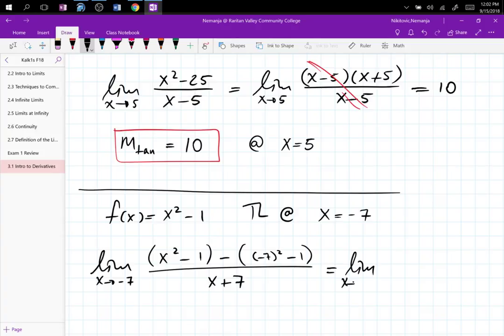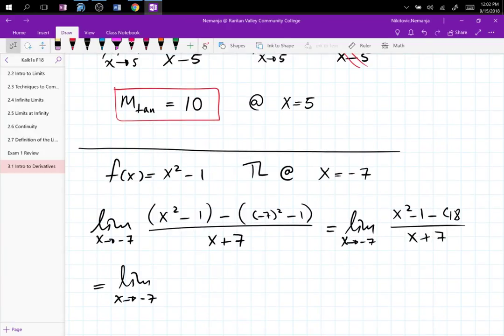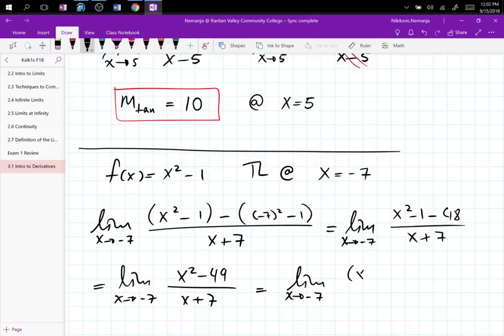So this is limit x goes to negative 7. On the top I have x squared minus 1 minus negative 7 squared, 49, so minus 48, divided by x plus 7, which gives me the limit x goes to negative 7 of x squared minus 49 over x plus 7. Hey, we can still cancel. So limit x goes to negative 7, x minus 7, x plus 7 divided by x plus 7.